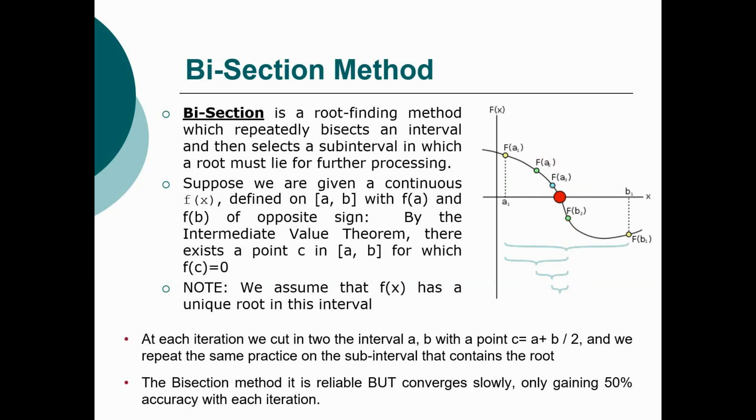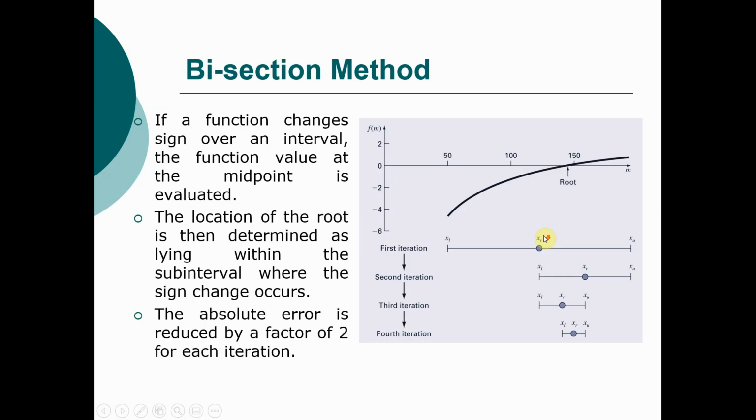So we're eventually going to find the root. It's not very fast because each time we get only 50% accuracy with each iteration. Our interval gets 2 times smaller. It's not very fast, but it's guaranteed to find the root. It always converges to the root.